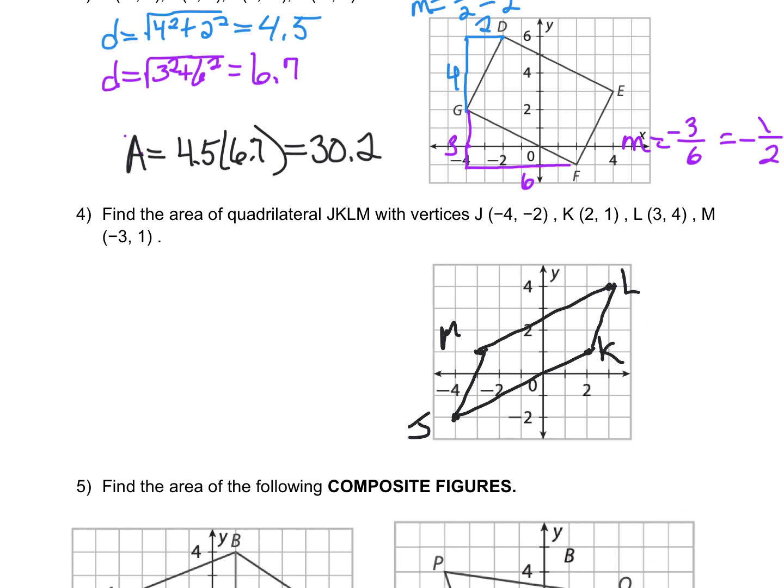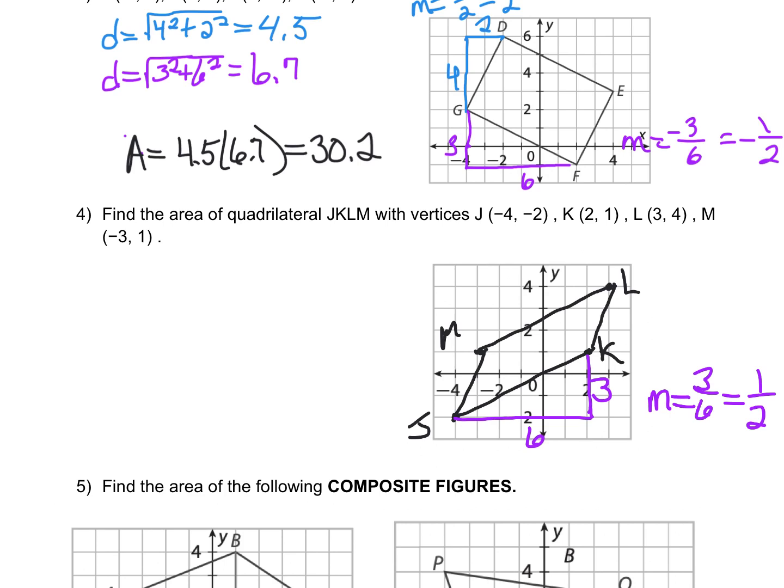And a parallelogram is base times height. I am going to call this the base. 1, 2, 3, 4, 5, 6. 1, 2, 3. So my slope here is up 3/6, which is 1/2.